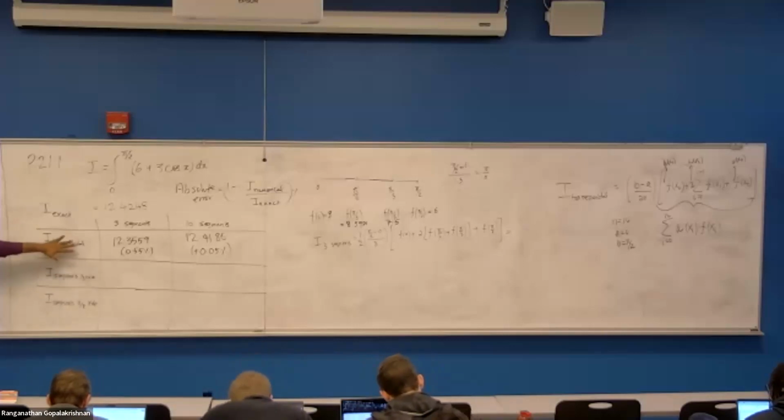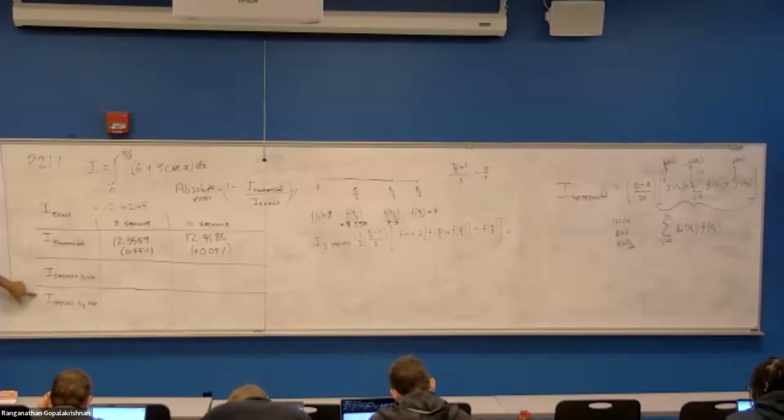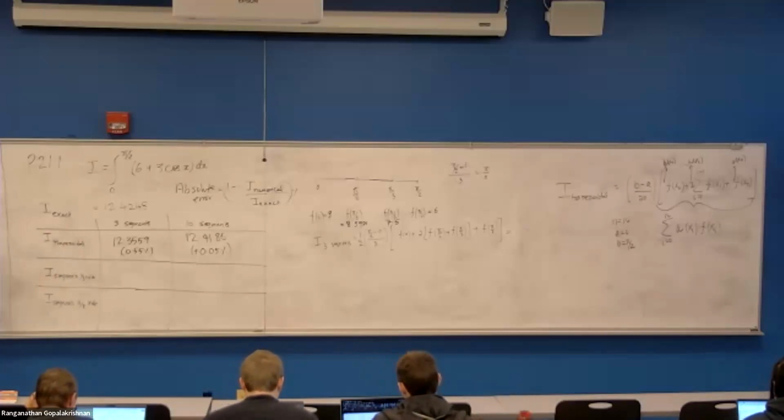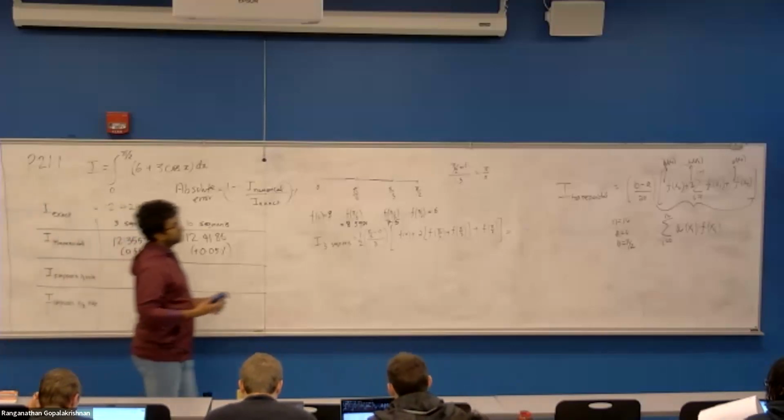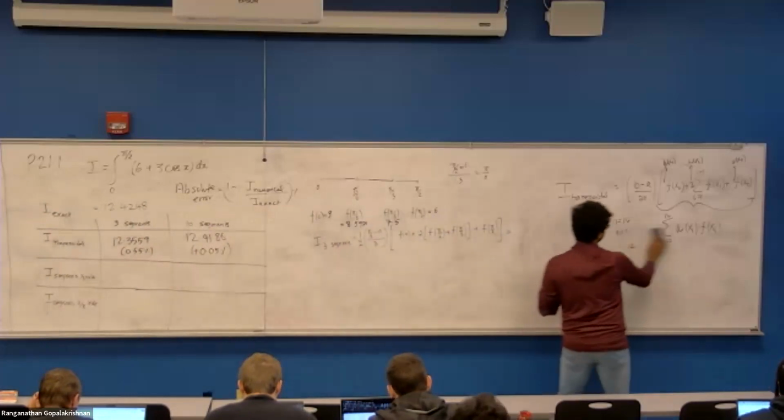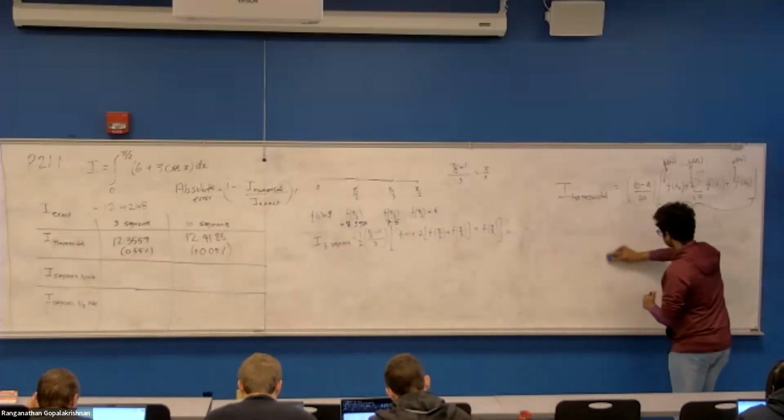So is everybody having these two values now? Because all this is just recapping what we did. Okay, now we're going to learn two more formulas: Simpson's 1/3 rule and 3/8 rule. So the main conceptual leap now is this.